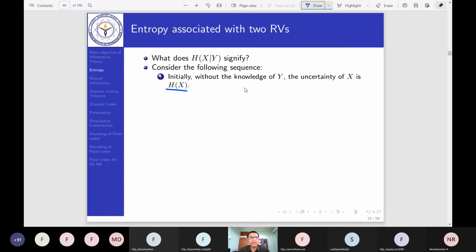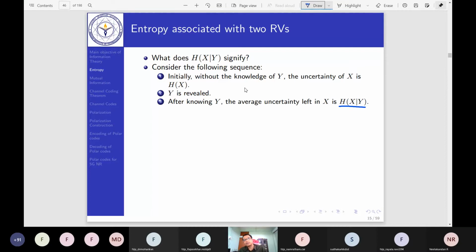That is simply h of x. Now y is revealed. That means we receive something, we get the received signal. Knowing y, the average uncertainty left in x is h of x given y. This is the significance in terms of the communication problem.